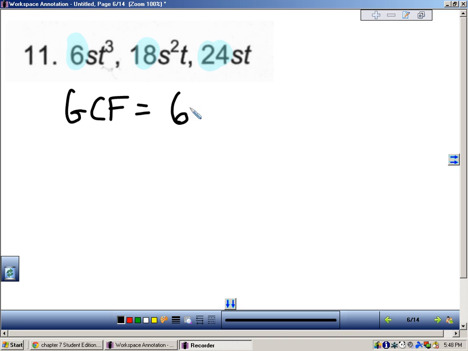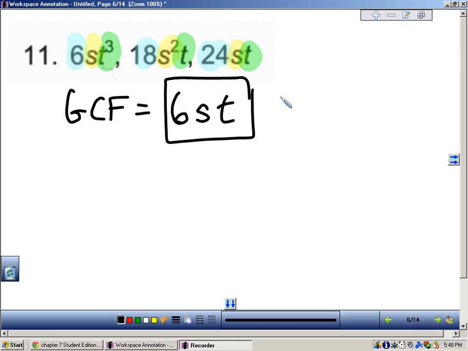And now let's look at the common variables. So s, and which is the lowest power there? S to the first. And then finally, let's look at our t variable. T to the third, t, and there we go. Greatest common factor is 6st.